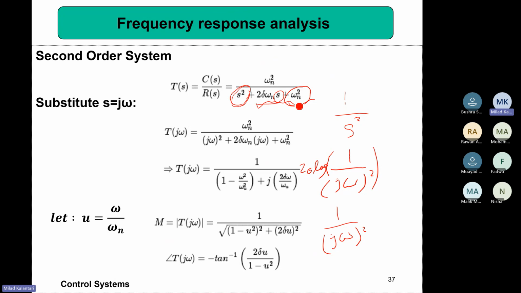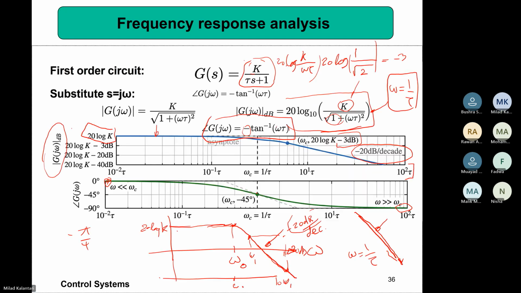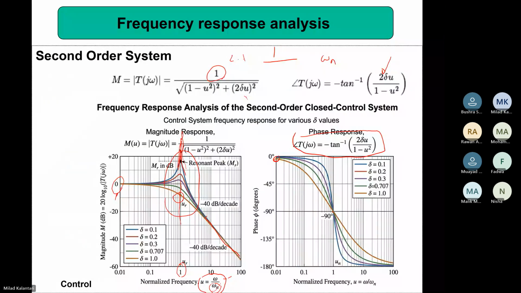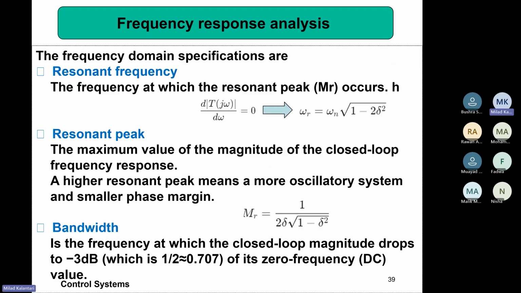I just ignored the first order and zero order terms when j omega is high. And this will be negative something, right? Negative omega squared. The phase is actually 180 degrees, right? So it starts from 0 and goes to 180 degrees. And in the middle, at the omega n range, it passes around 90 degrees. This is for the second order system.